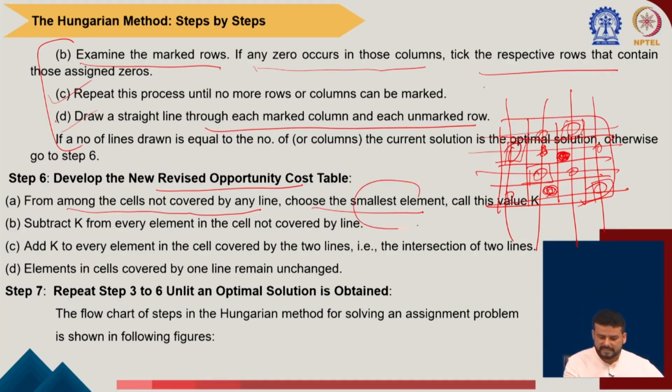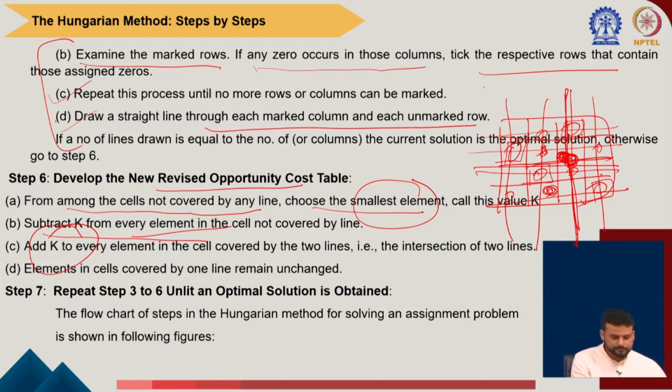We'll find the smallest element among them, and we'll subtract this smallest element from those cell values which are not covered by any line. And we need to add this value where two lines are intersecting. Let's say on this cell these two lines are intersecting; whatever value is here, we need to add the minimum value to it. So we find the minimum value, subtract it from the values where the lines are not passing, and add it at the intersection of two lines.